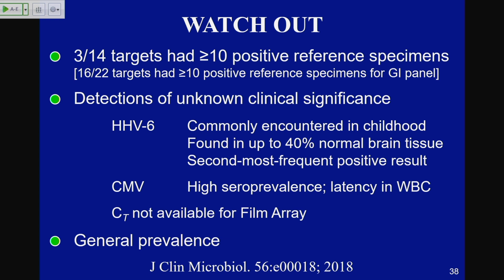Similar story with CMV detection in the meningoencephalitis panel. CMV is a high seroprevalence virus. We talk about that with respect to pregnant women, but it can have latency inside of white cells. So if white cells are being collected in a lumbar puncture, there may be some CMV within those white cells that could trip a result that may not be clinically significant for your patient. And then the commentator finally mentioned something about general prevalence.